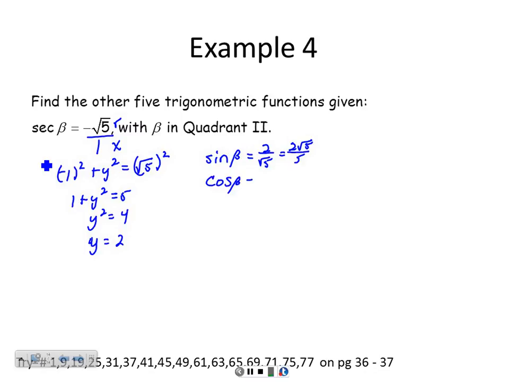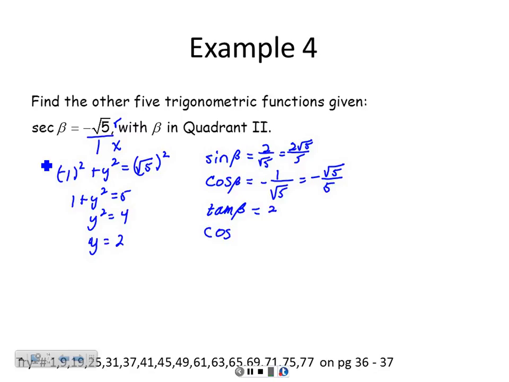Cosine beta is going to be the reciprocal of what was given, so that's going to be negative 1 over the square root of 5, which will rationalize into negative square root of 5 over 5. And then tangent of beta is going to be y over x, so we're going to have 2 over 1, or just 2.